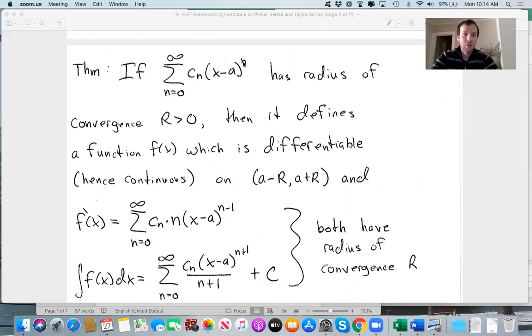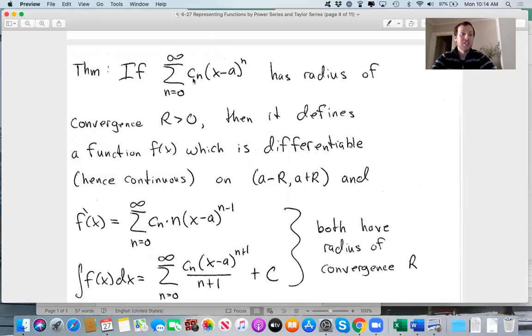In this case, if you're looking at this kind of expression, c_n is a constant. It doesn't have any x's, so it stays there. You use the power rule on here, so the n comes down. The new exponent is 1 smaller, that's n minus 1. And the inside has a derivative 1, so the chain rule doesn't do anything for you.